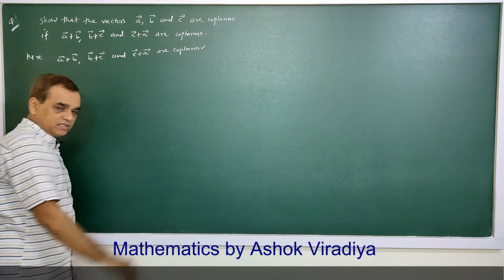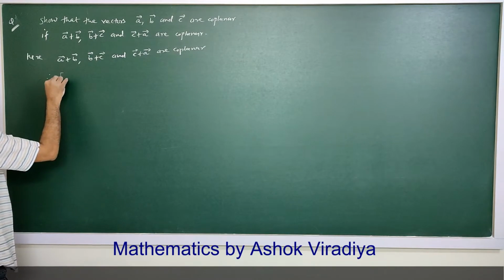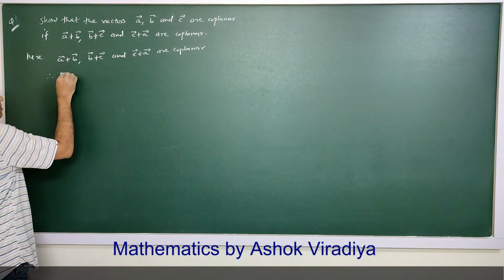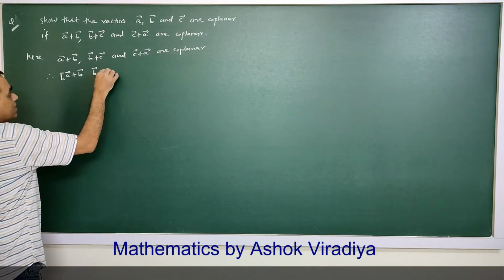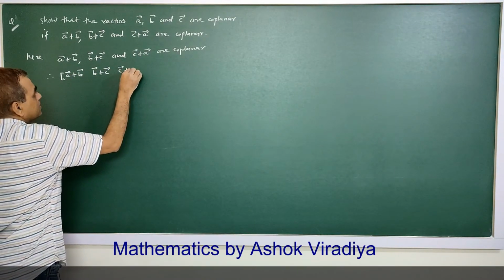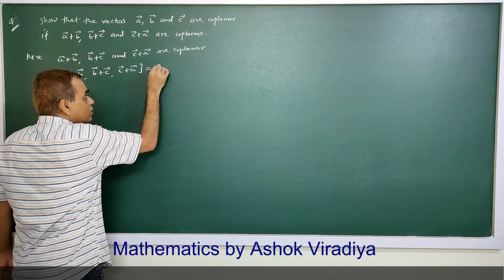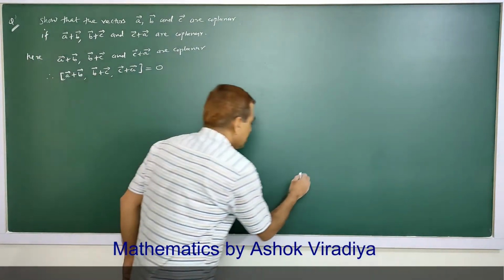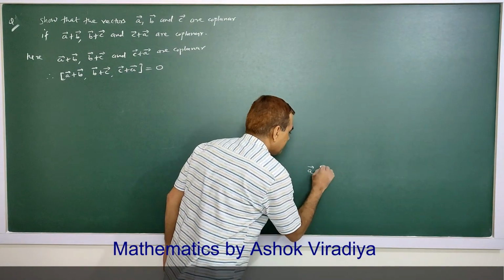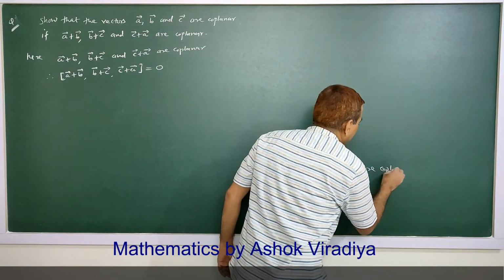It is given. Vectors are coplanar, so their box product, this is the box product of these three vectors, is equal to 0 because the vectors are coplanar. And we want to show that these vectors A, B and C are coplanar.